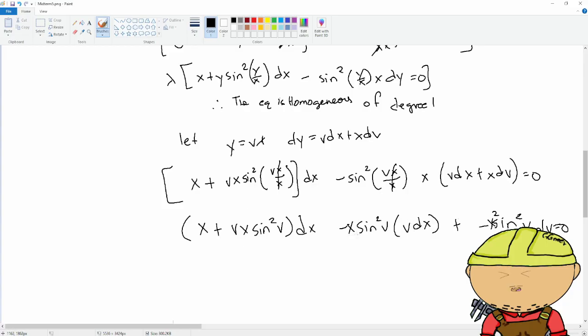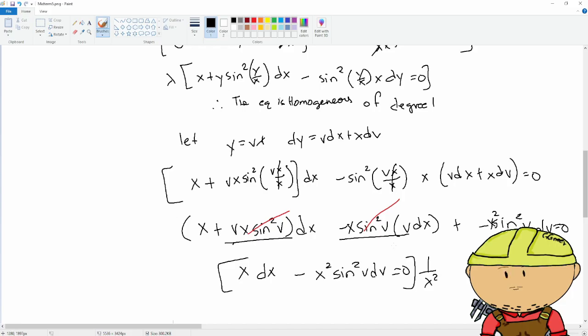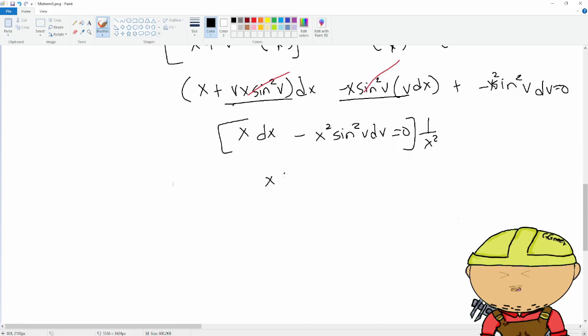The v dx terms are the same but opposite in sign, so they cancel out. Our equation will be x dx minus x squared sine squared v dv. Divide both sides by x squared: x dx over x squared minus sine squared v is equal to 0.